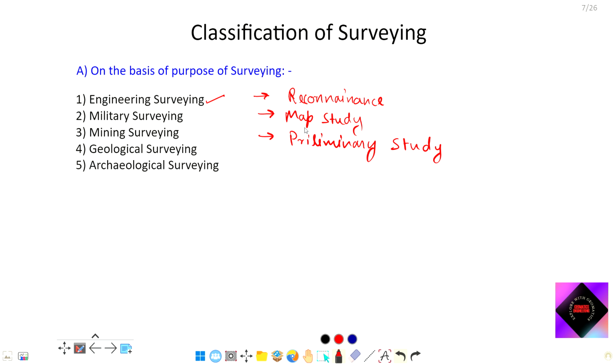And at last, a detailed report is submitted before the project starts. So, detailed survey. Don't go with my spelling or writing, just understand the concepts. So this is all in engineering survey.